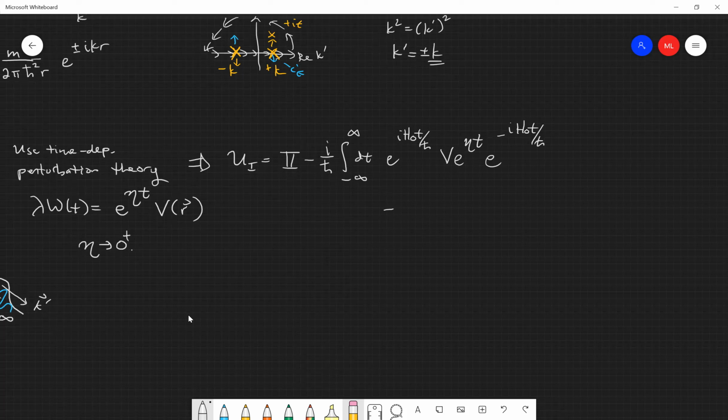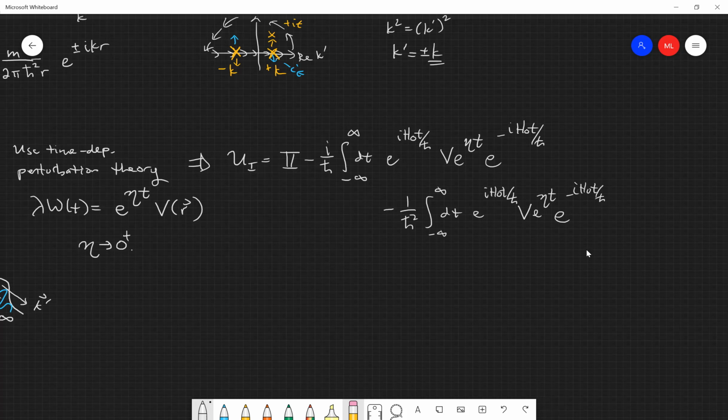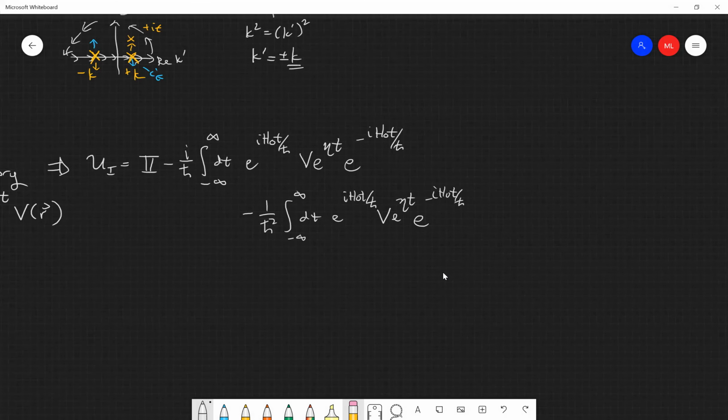Then you get second order stuff. We could write it out, minus infinity to infinity. I'm not going to do the time ordering one, I'm just going to write down the nested integrals. So we've got the nested integral here that goes from minus infinity to t. Now this is dt prime.